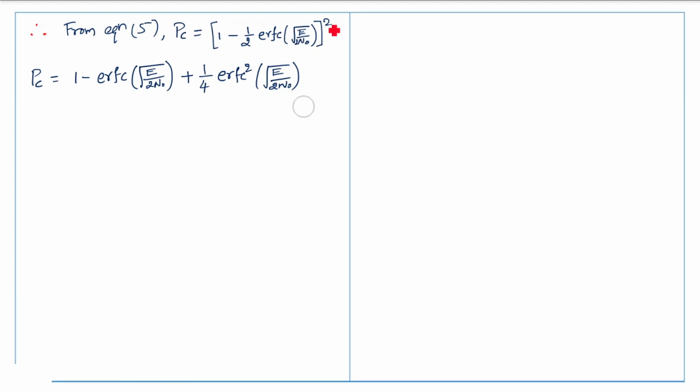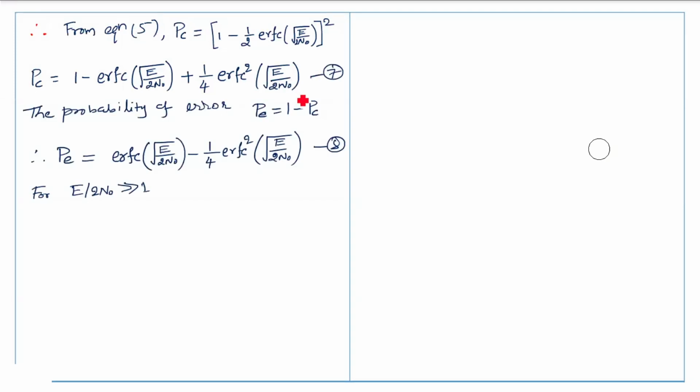Now if I expand this, what I'll have is 1, then this 2 times this, ERFC of square root of e by 2 n naught, plus this square, so 1 by 4 ERFC square of square root of e by 2 n naught. So the probability of error is therefore 1 minus probability of making correct decision.